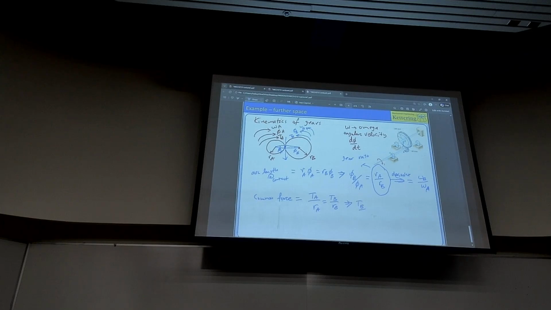Therefore, the torques are proportional to the radii. So these are the two equations that we need.